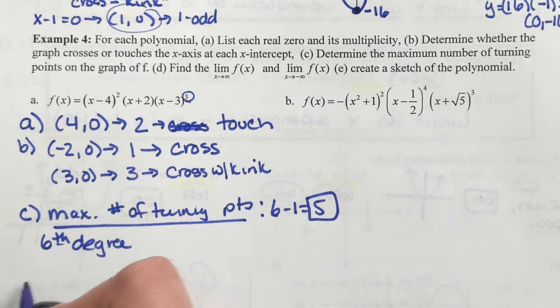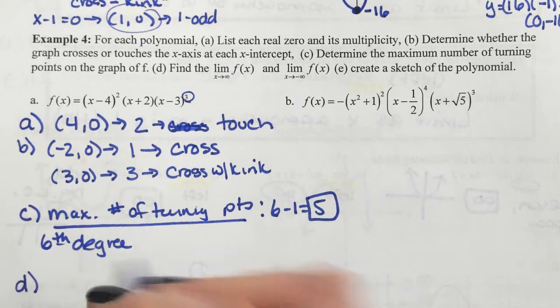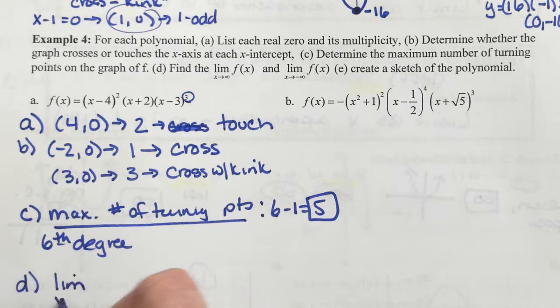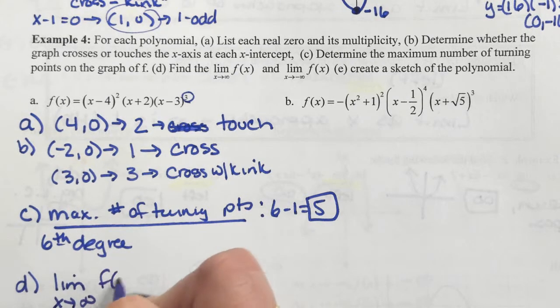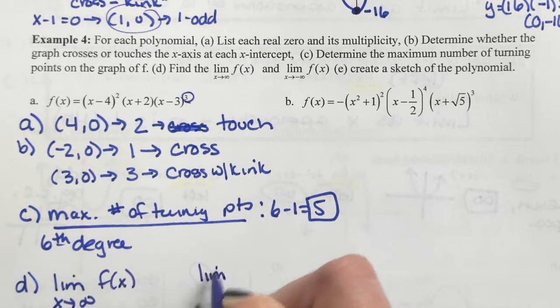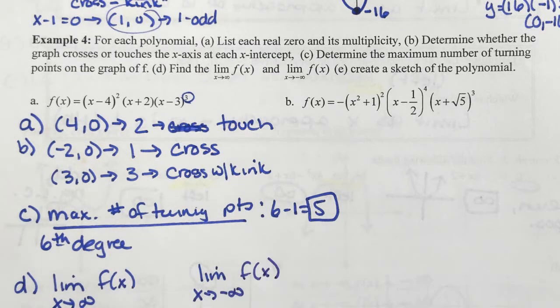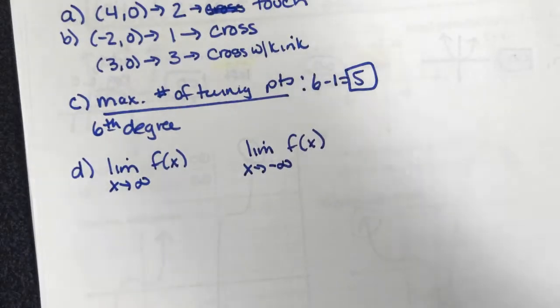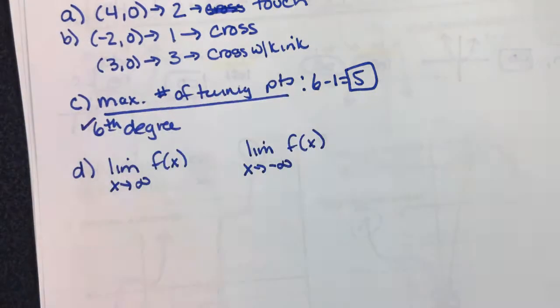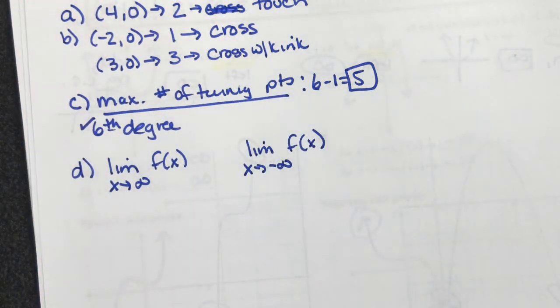D. Then we would find the limit as x goes to infinity of f of x, the limit as x approaches negative infinity of f of x. Remember, this is just talking about the end behavior. We just talked about how this is a 6th degree. Does it have a positive or negative leading coefficient?